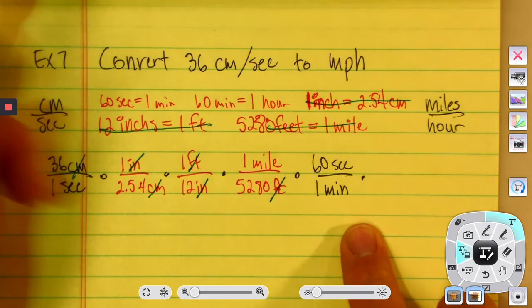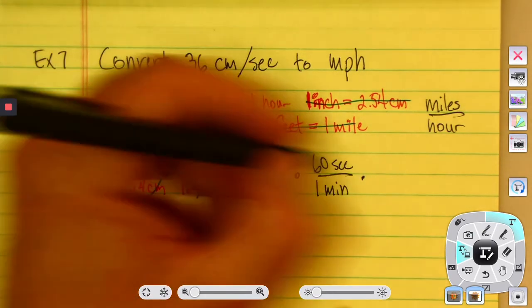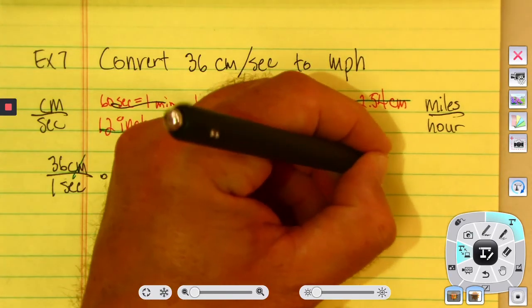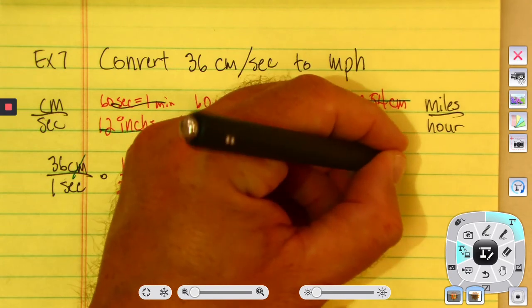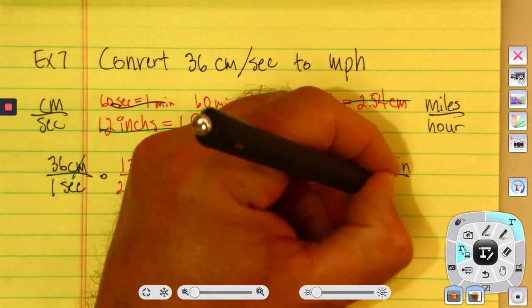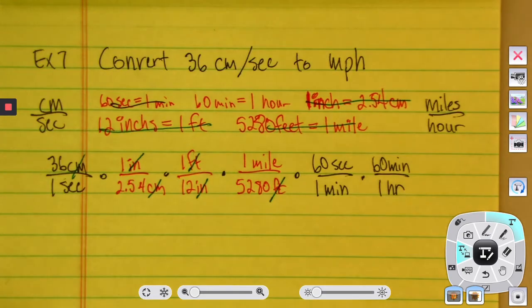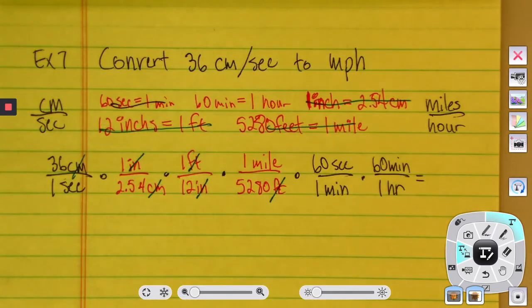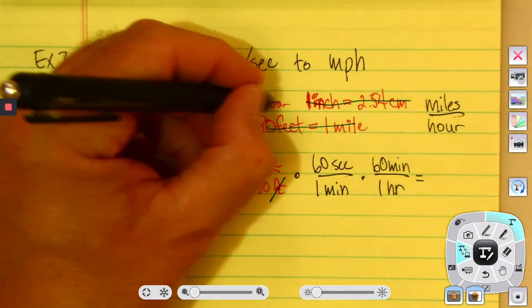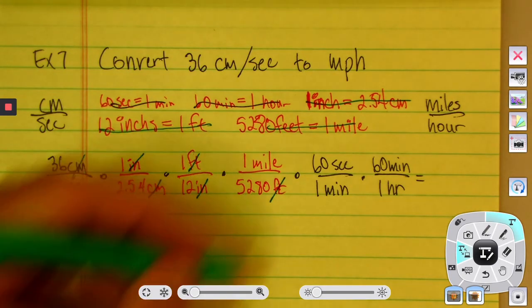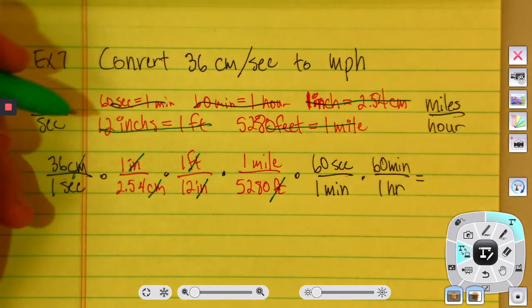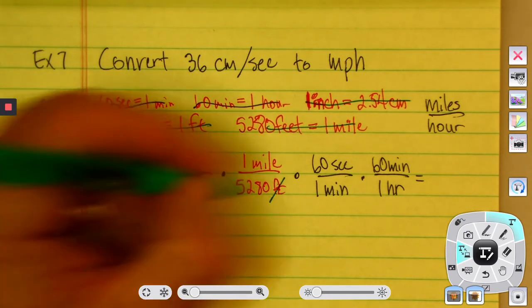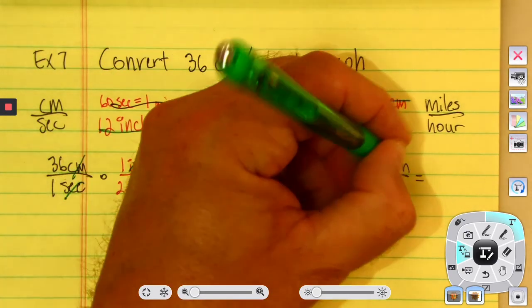And then I've got the conversion factor where 60 minutes equals 1 hour. All right, so I've used all my conversion factors up, and I need to cancel this second here with this second, and that minute with that minute.